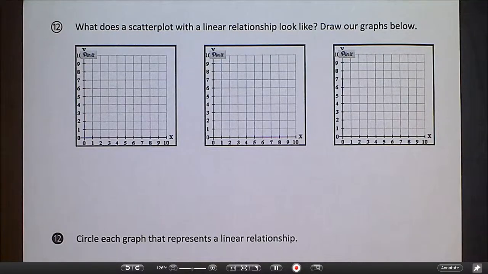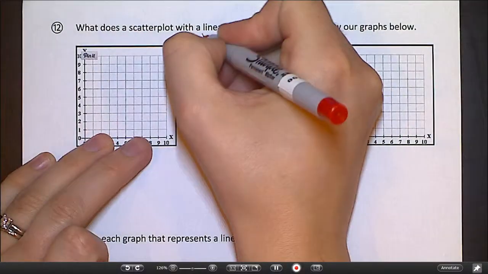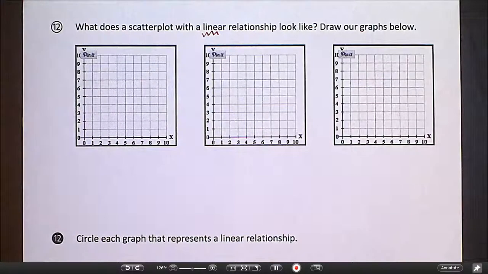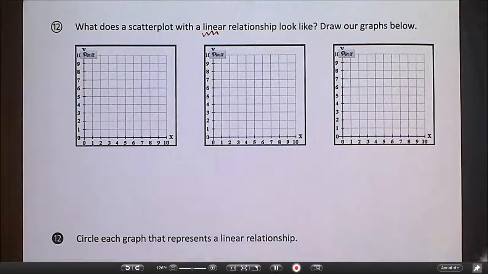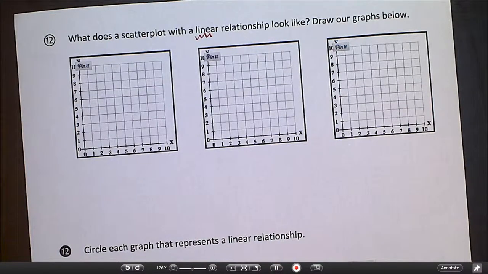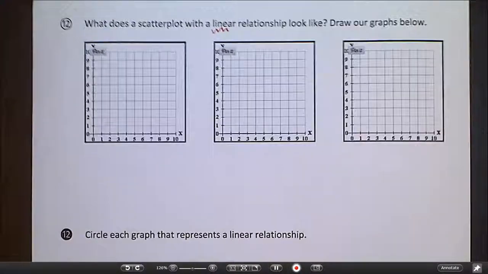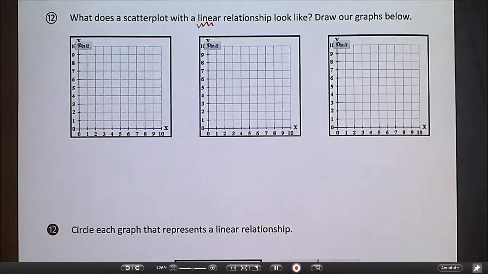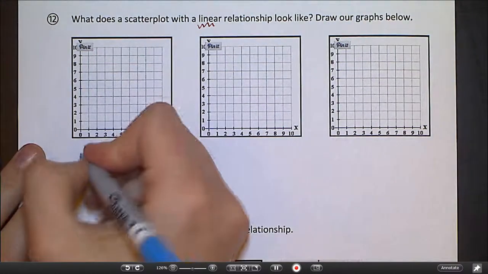Number 12, what does a scatter plot with a linear relationship look like? Well, linear has the root word line. Okay, so in general, it's a scatter plot, so it's not going to be exactly a straight line like when we're plotting points on a table. But it is going to generally make the shape of a line. So there are several.